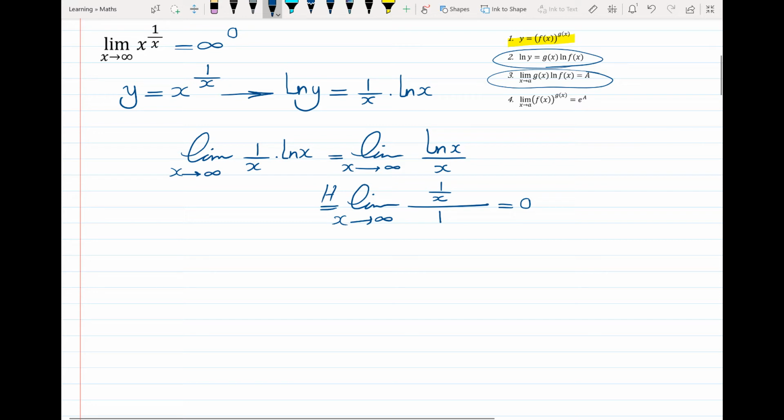So a is 0. If I want to compare this general process with this example, a is 0.